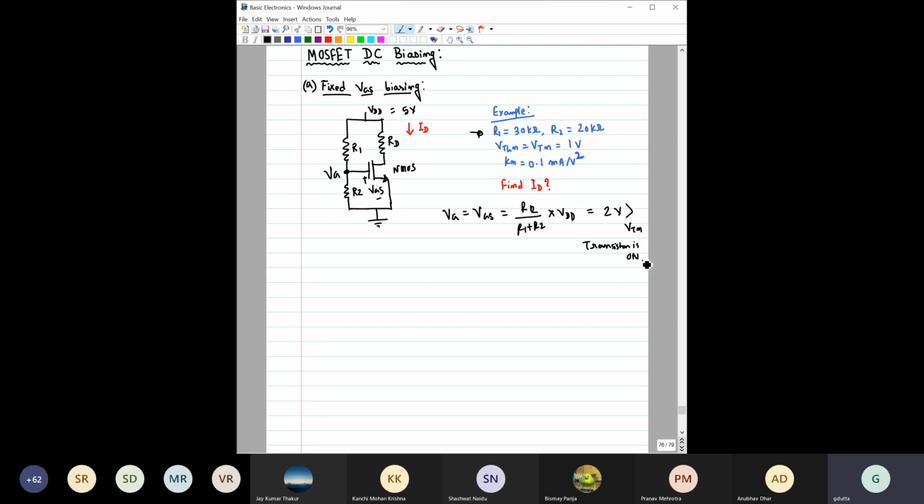Transistor is on, but we do not know whether it is in saturation or in the triode region. So let us assume MOSFET is in saturation region.